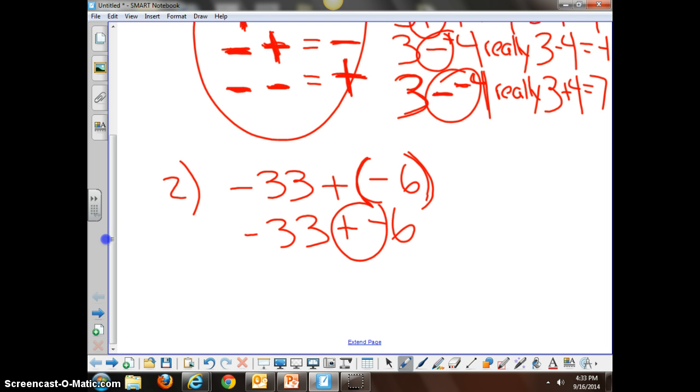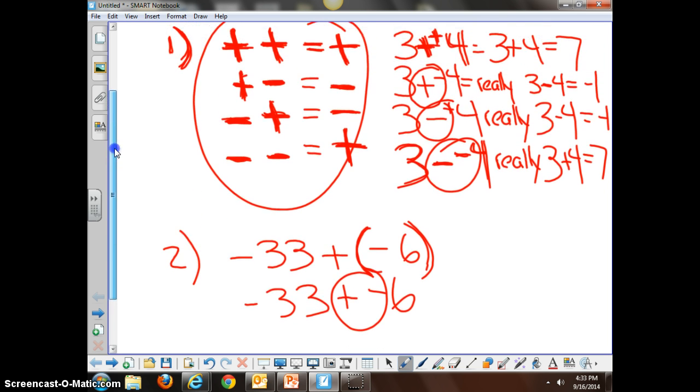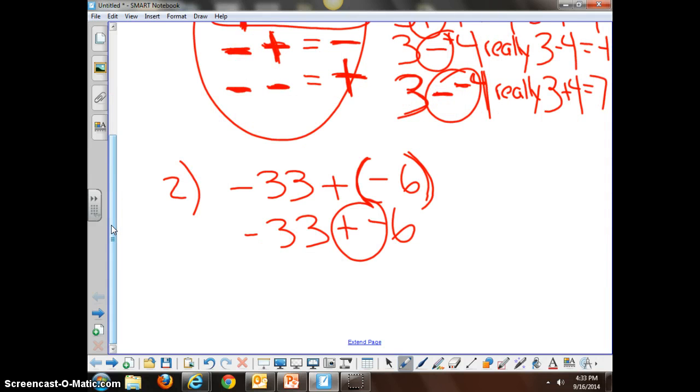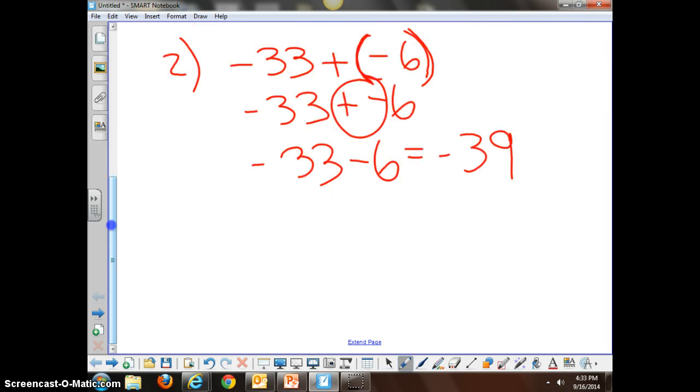We have a positive and a negative together here. If you go up to your chart, we know that we could rewrite that problem as positive things happening to bad people is a bad thing. So it's going to be rewritten with a negative. So we get negative 33 minus 6, which equals negative 39. And again, the answer is irrelevant. It's what you're doing with the positive and the negative. Okay, so that'd be an example of a problem that you may see coming up.